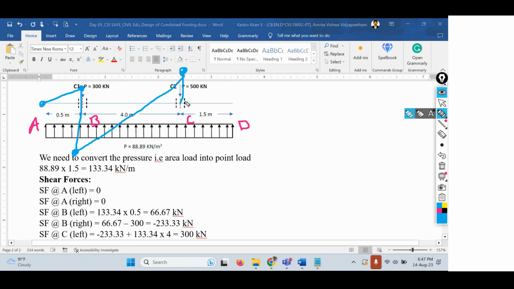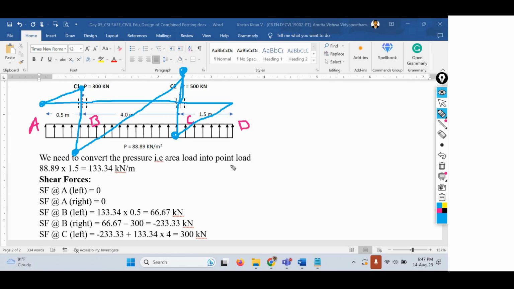So along the right side of C, we have minus 200. Suppose I'll go to minus 200 somewhere here, and the shear force at D is 0. This is how the shear force diagram will look.